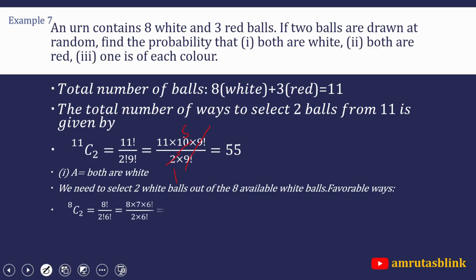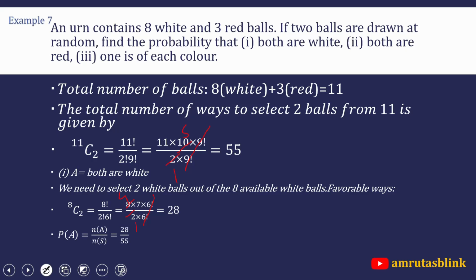That's why favorable ways are 8C2, that is 8 factorial upon 2 factorial into 6 factorial, which is equal to 8 into 7 into 6 factorial upon 2 into 6 factorial. So 6 factorial will get cancelled. Then 2 ones are 2 and 2 fours are 8. So 7 into 4 is equal to 28.